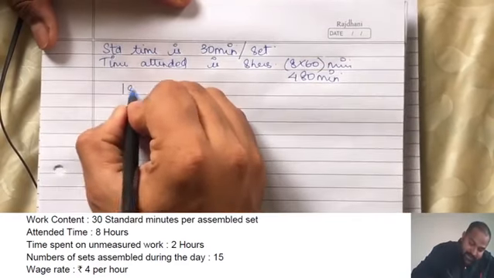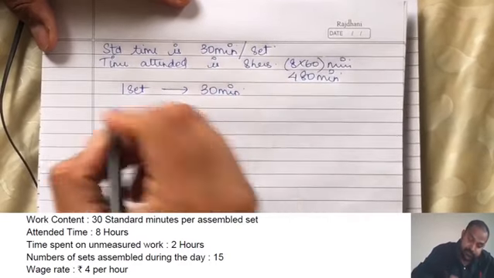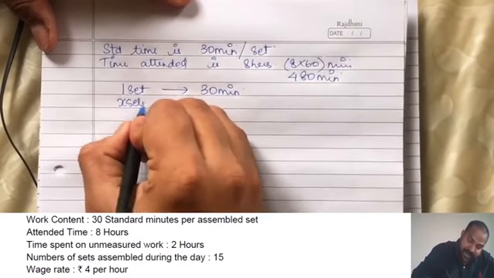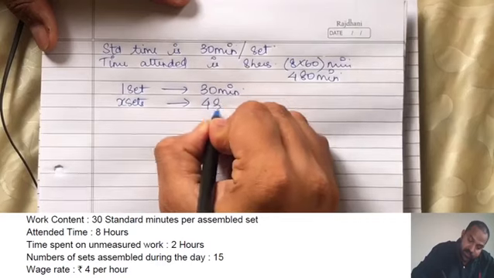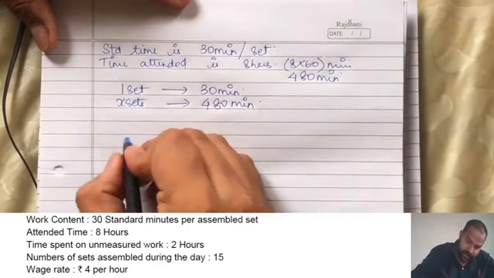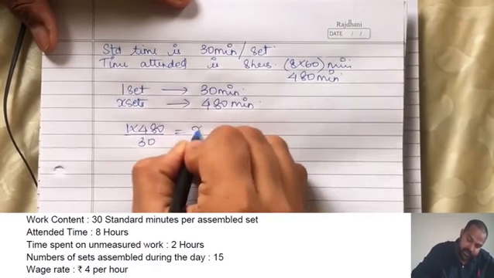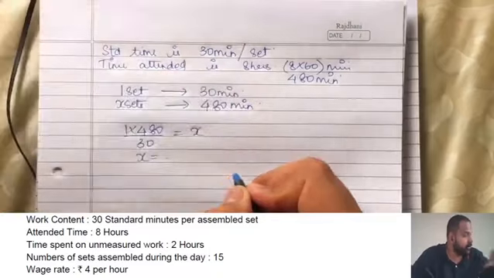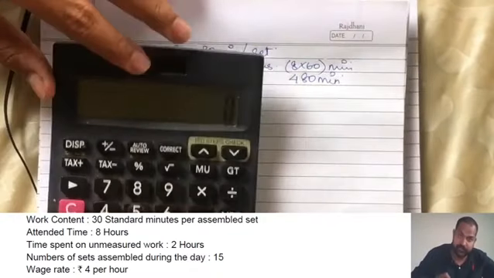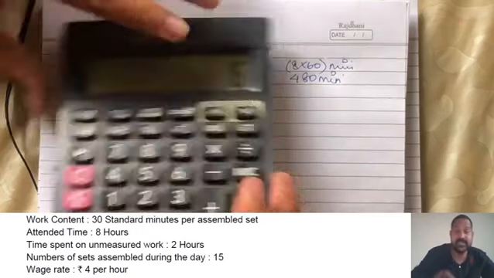So one set requires 30 minutes. Then I can make X sets in 480 minutes. Cross multiply: 1 into 480 divided by 30 is X, or X is equal to 480 divided by 30. 480 divided by 30 is 16.